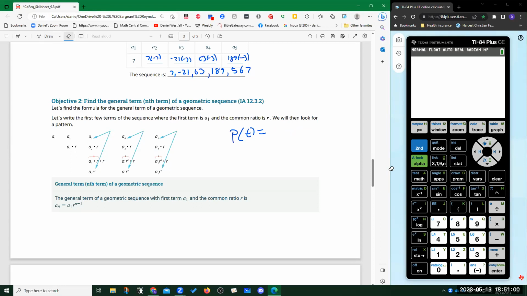What r is. So remember, a sequence is a function whose domain is the natural numbers.